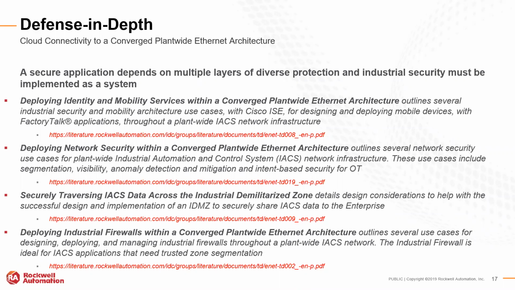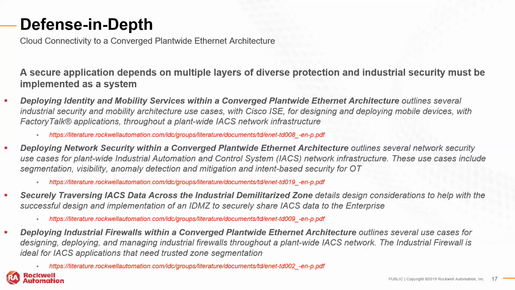That needs to be done a specific way, with considerations to help successful design and implementation, so that the enterprise network, as I was saying earlier, can see what's going on without actually affecting anything. And deploying industrial firewalls within a converged plant-wide Ethernet architecture helps mitigate those instances where people are unable to get in, and provides that segmentation and trust factors.